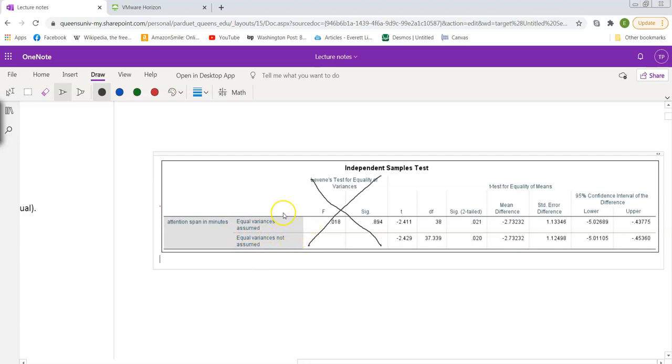If you remember, we said we don't want to assume equal variances. So ignore all of this. This is what we want. And it's really just this much.